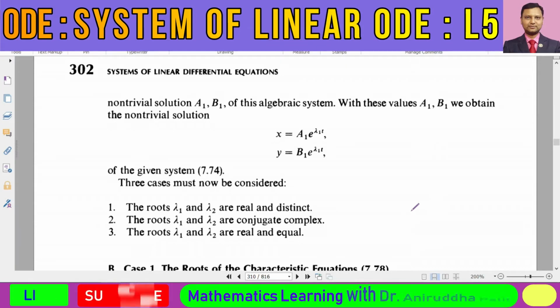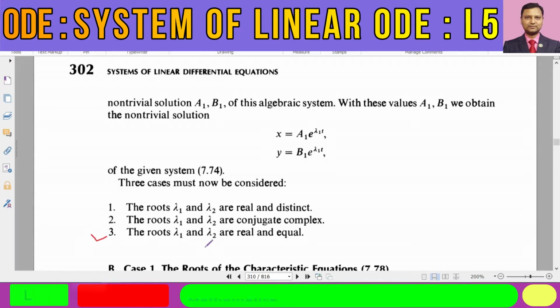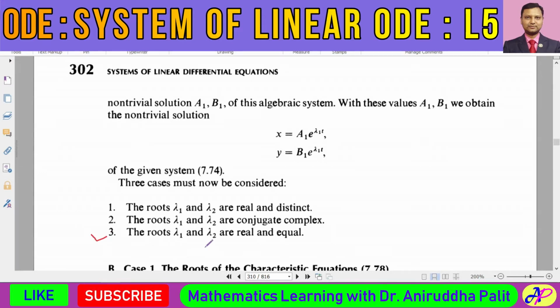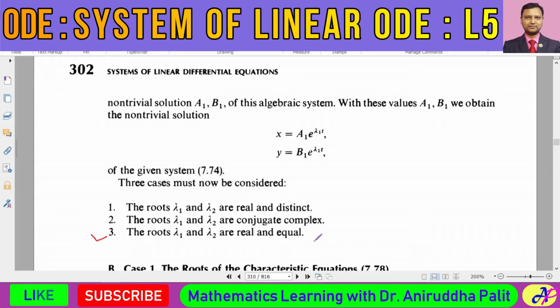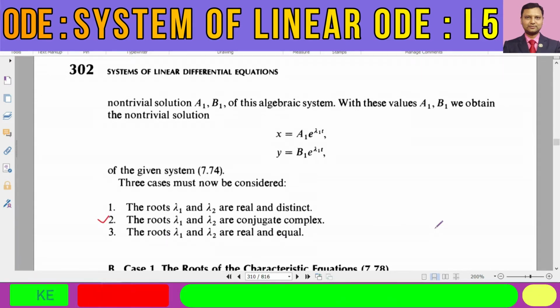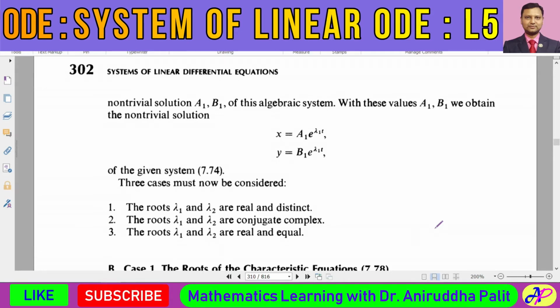And if time permits, I shall discuss the third part, that means when these characteristic roots are real and equal. So let us directly go to the second case, that is, when these characteristic roots lambda 1 and lambda 2 are complex conjugates.